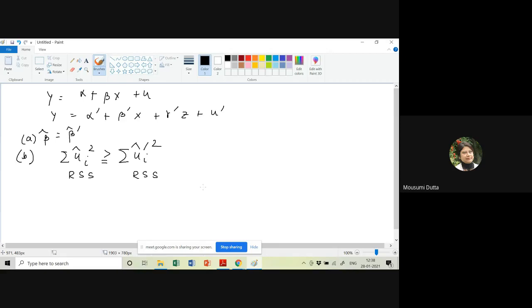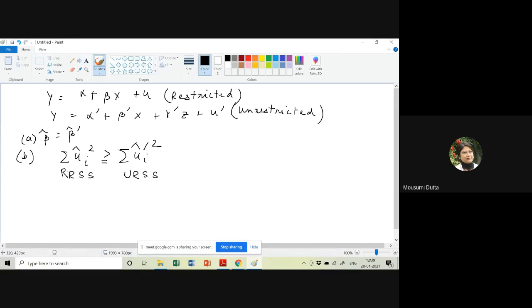The first equation will be the restricted model. Very good. And the second one will be unrestricted. Definitely. So ui hat prime is the URSS and this is the RRSS.